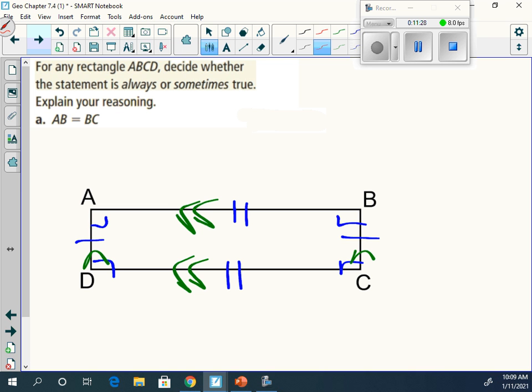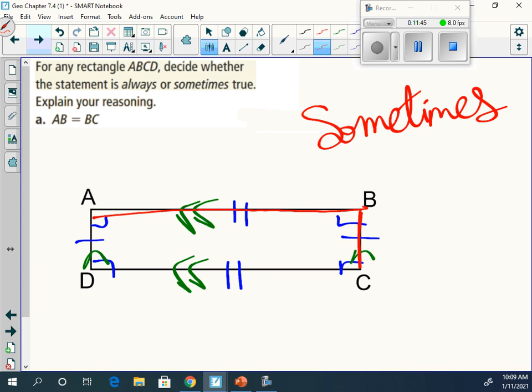Let's see here. AB would be this line here. BC would be this. This would be sometimes. It'd be sometimes.